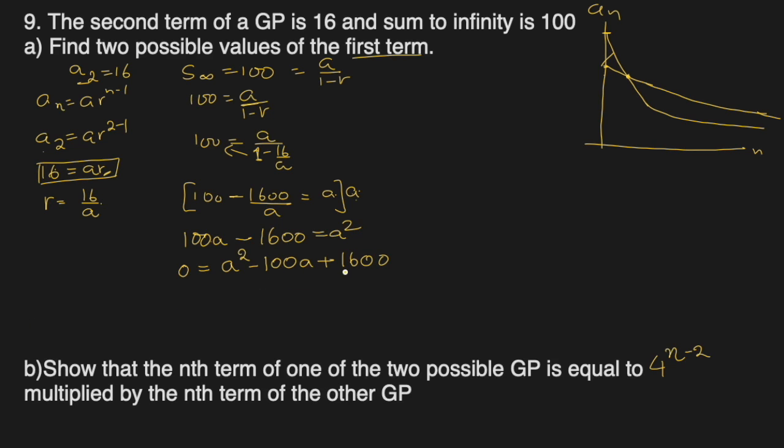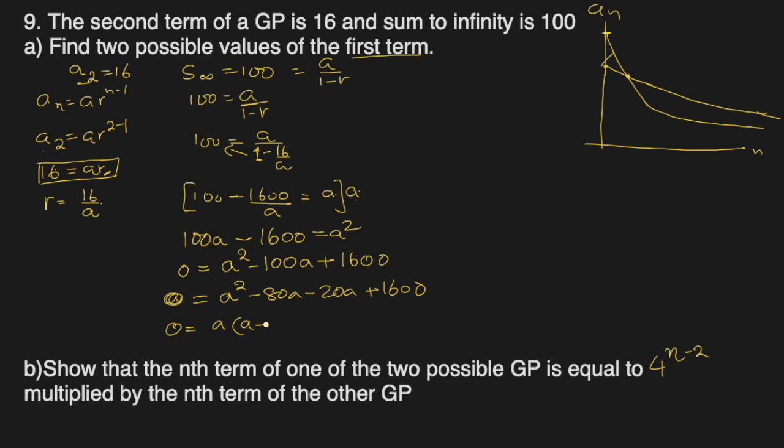Okay, I can clearly see 1600 will be 80 times 20, and 80 plus 20 is 100, so I can use splitting the middle term method here. So minus 80A minus 20A plus 1600. No change in these two, but the middle one is written as this. Why? Because this will give us the solution.